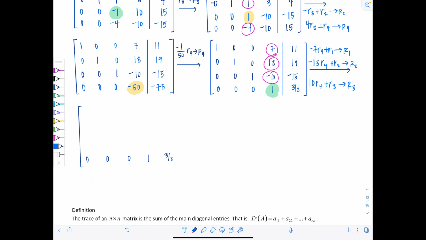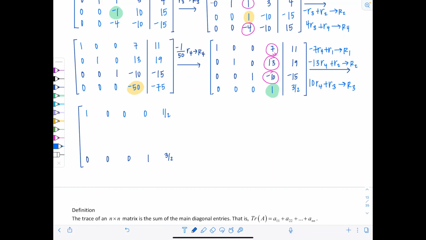Everything else is the same, right? So this is going to be 1, 0, 0, 0. And then, I meant the last column here. So negative 7 times 3 halves, that's negative 21 over 2, plus 11 is 1 over 2, so this is going to be 1/2.